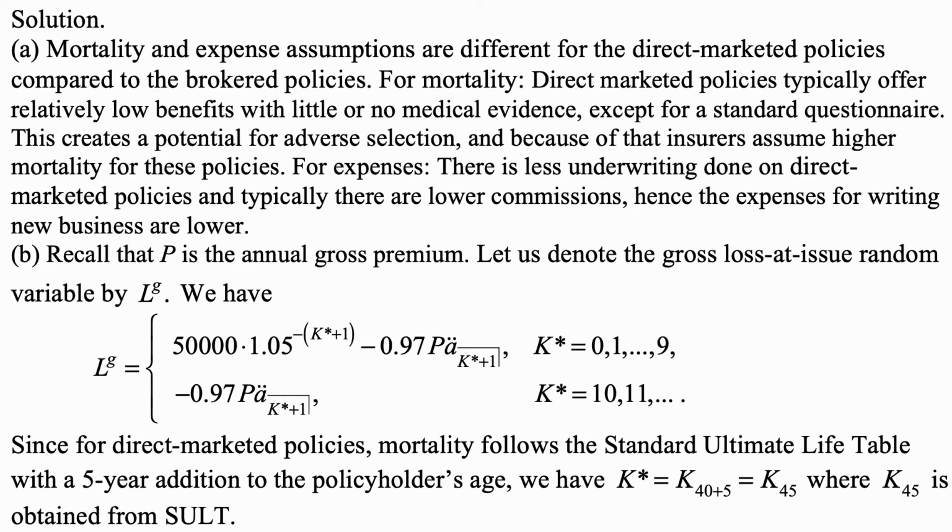And then when K star is 10 or more, that's just minus 0.97 P ä angle (K star plus 1), because the benefit is no longer paid. Since for direct marketed policies, mortality follows the standard ultimate life table with a 5-year addition to the policyholder age, we have K star equal to K40 plus 5, so K45, where K45 is obtained from the standard ultimate life table.